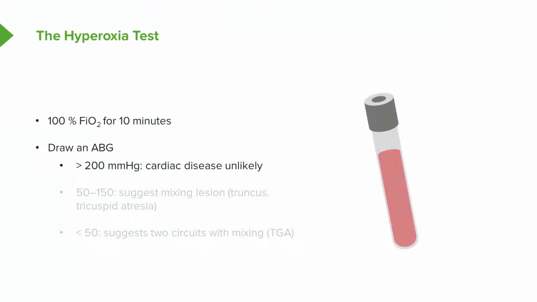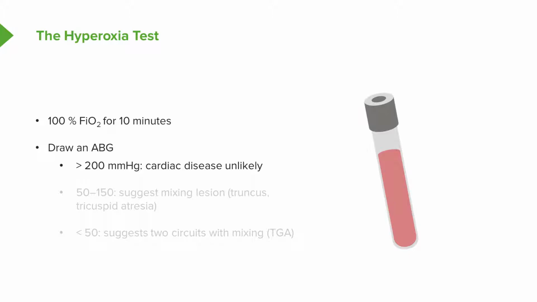So we'll draw an ABG after they've been in the oxygen and we'll check the level of the oxygen in that blood. If the level is over 200 millimeters of mercury, cardiac disease is extremely unlikely. So you've really ruled out that that's likely the problem, and you should be thinking more along the lines of pulmonary disease.